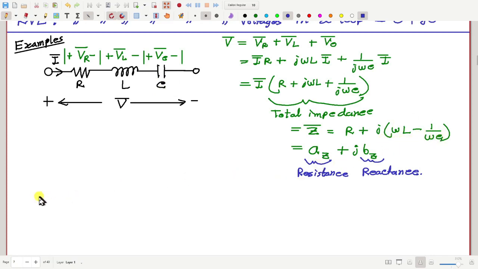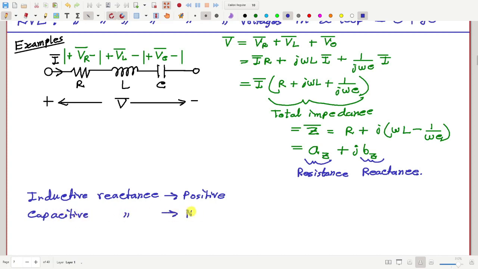So the reactance of an inductor, call that inductive reactance, will be positive, and the capacitive reactance in the same way will be negative. If we don't have this inductor L there, then we have minus j by omega C, so that part is negative.